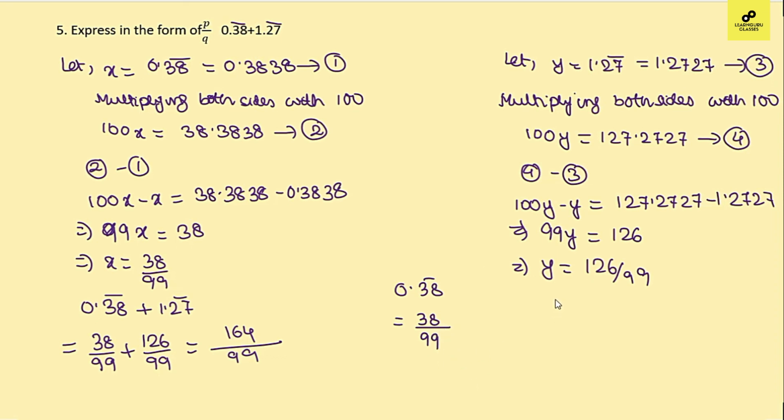Like if it is asked 0.7 bar, you will write 7 as the numerator, and since only one digit is under the bar, we will write 7 by 9. If I tell you 0.339 bar, write down the numerator as it is, 339, and the denominator will be 999. This is one of the simplest ways. Without doing the actual calculation, you can find out.